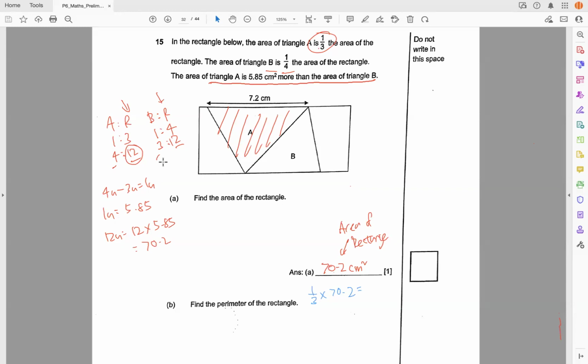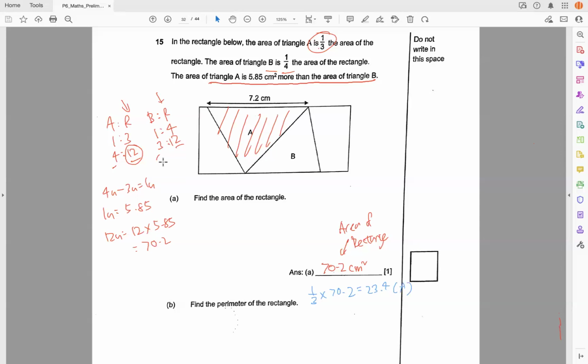We should get 23.4. Let me double check the answer.